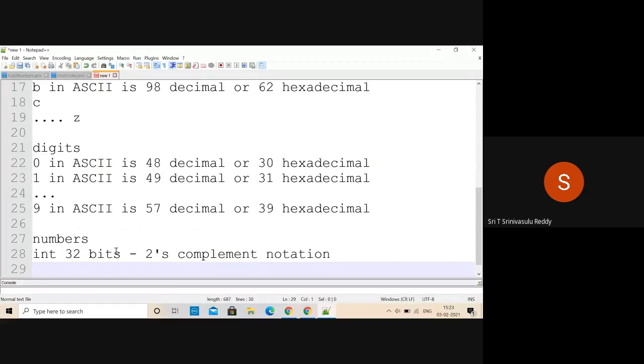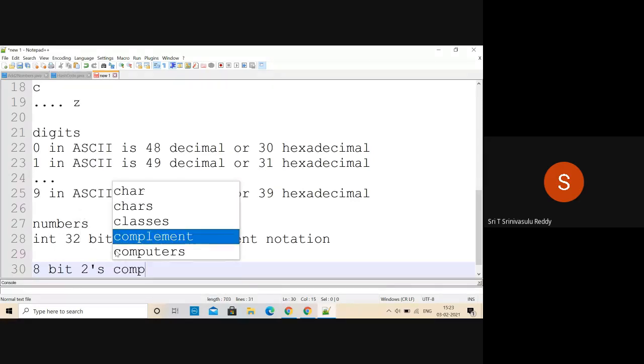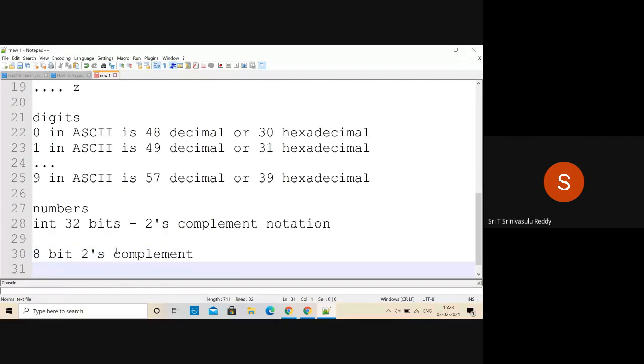Normally, all of you should be familiar with binary number representation. That is one thing. Instead of going for 32 bits, let us understand how a two's complement notation is going to work by using 8-bit two's complement notation. Then you can always extend the same logic to 32 bits or 64 bits.